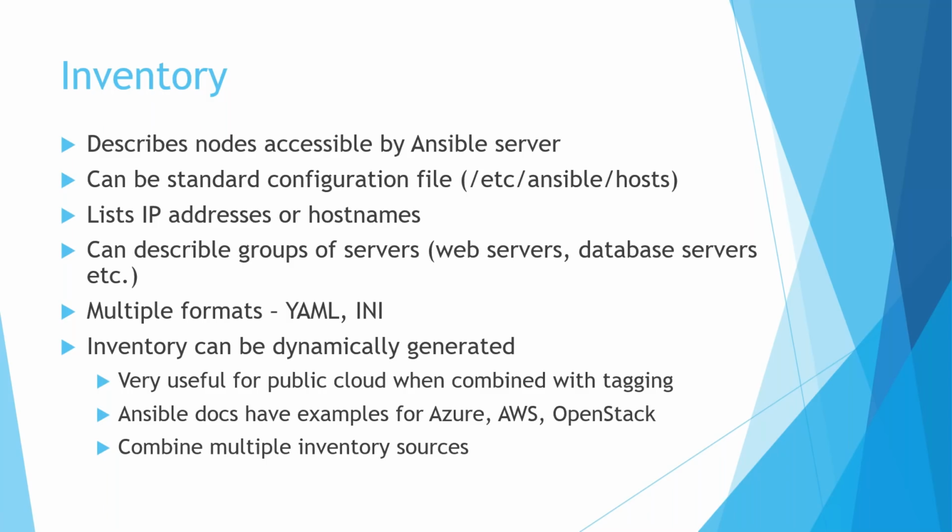So, to use our Apache example again, you might want to target all of the web servers, and you've tagged your web servers as web servers, and hopefully tagged them per environment as well. Although I would highly recommend having a different Ansible server per environment, locked down in such a way that it cannot target servers from another environment, so that somebody doesn't accidentally try to upgrade something in test but actually target production.